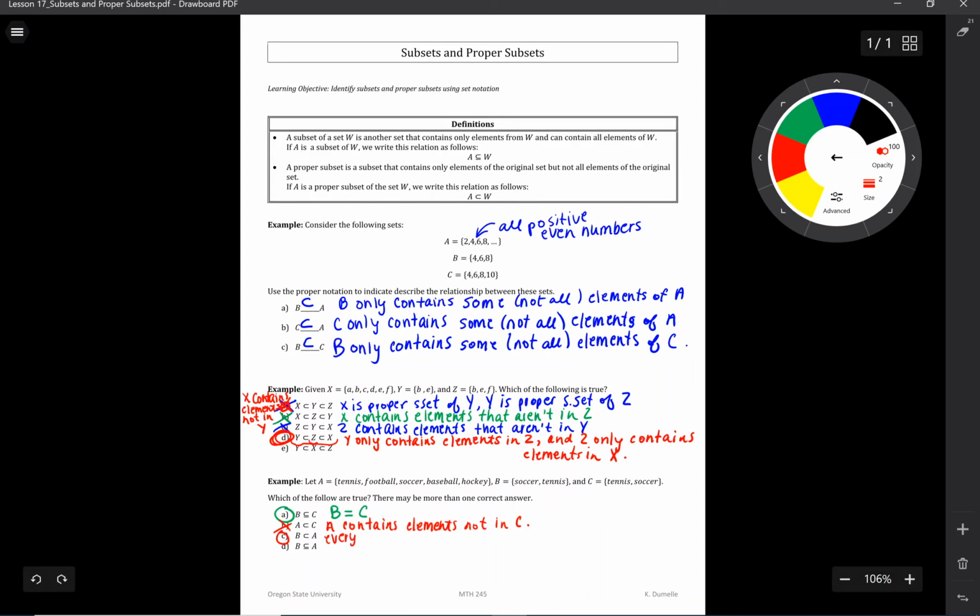Everything in B is in A. And it is a proper subset since B is not equal to A. But D is also true because I can still be a subset without being equal to it, like I am in D. So both C and D are correct because everything in B is in A.